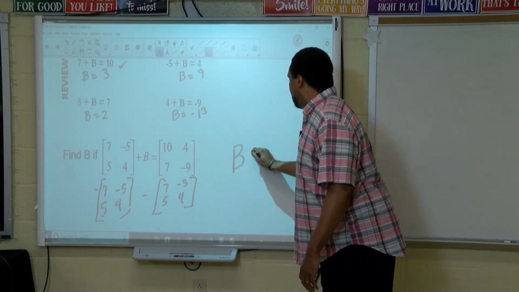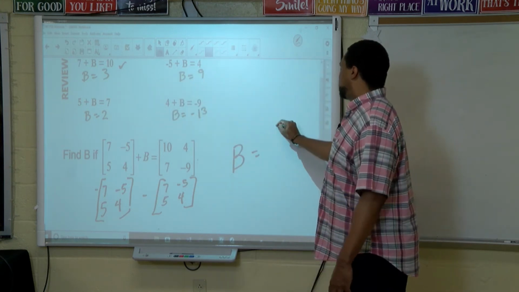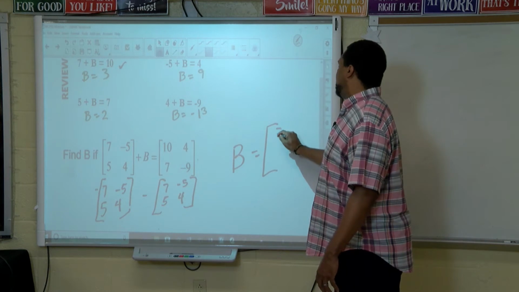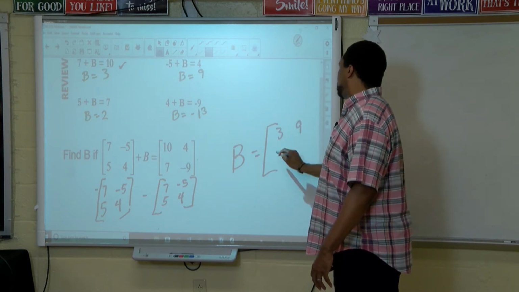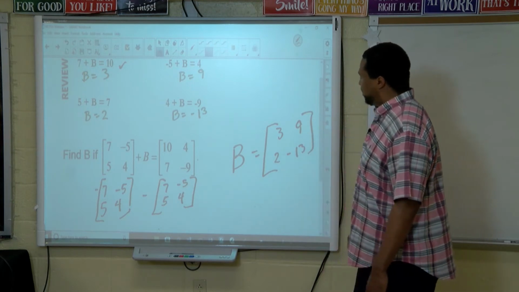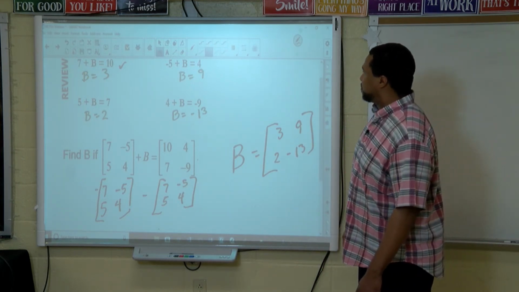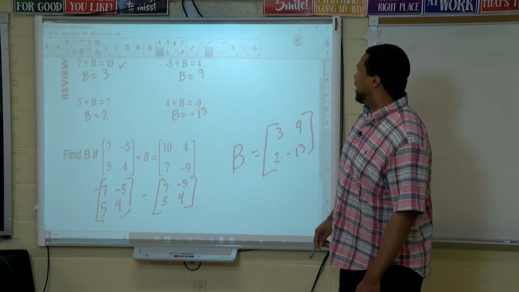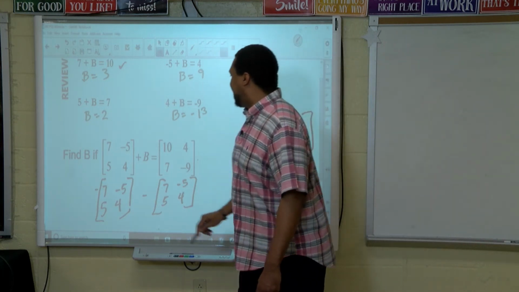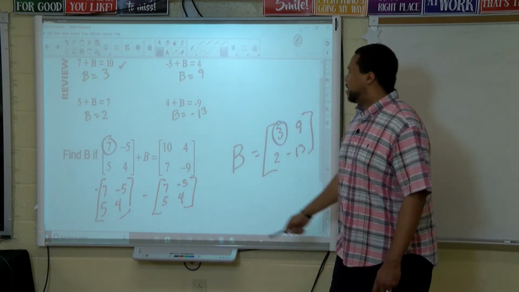And matrix B equals, same information we got here: 3, 9, 2, negative 13. To check it, 7 plus 3 equals 10.